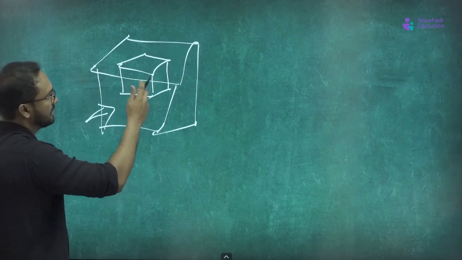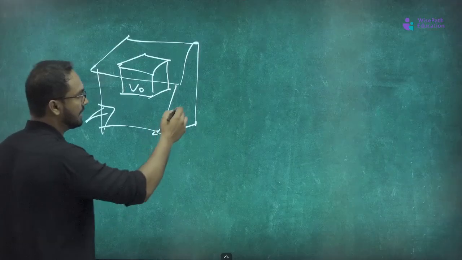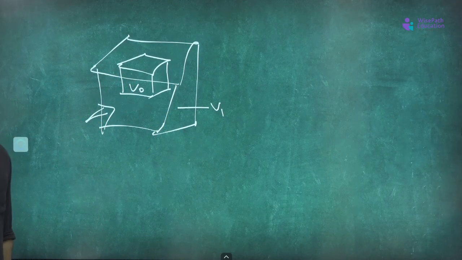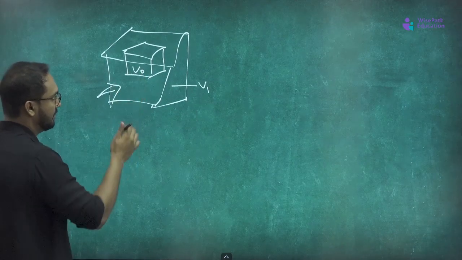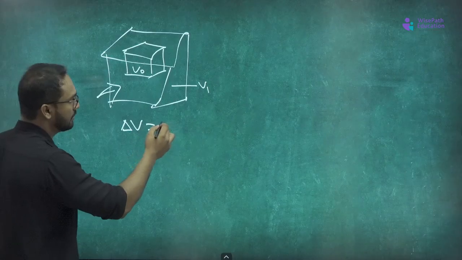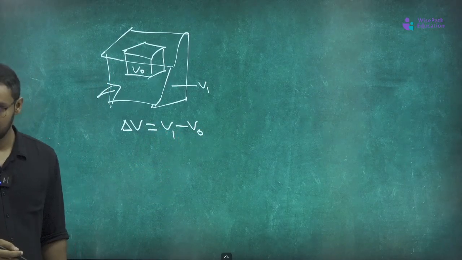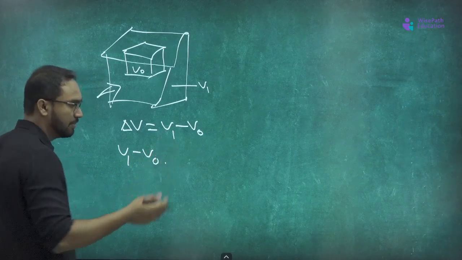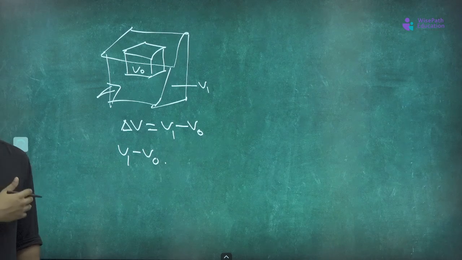So I'll take the initial volume as V naught and the final expanded volume as V1, right? And the amount that expanded, if I take it as delta V, should be equal to V1 minus V naught, yes. And this V1 minus V naught should be proportional to a few things, the same as we discussed earlier.